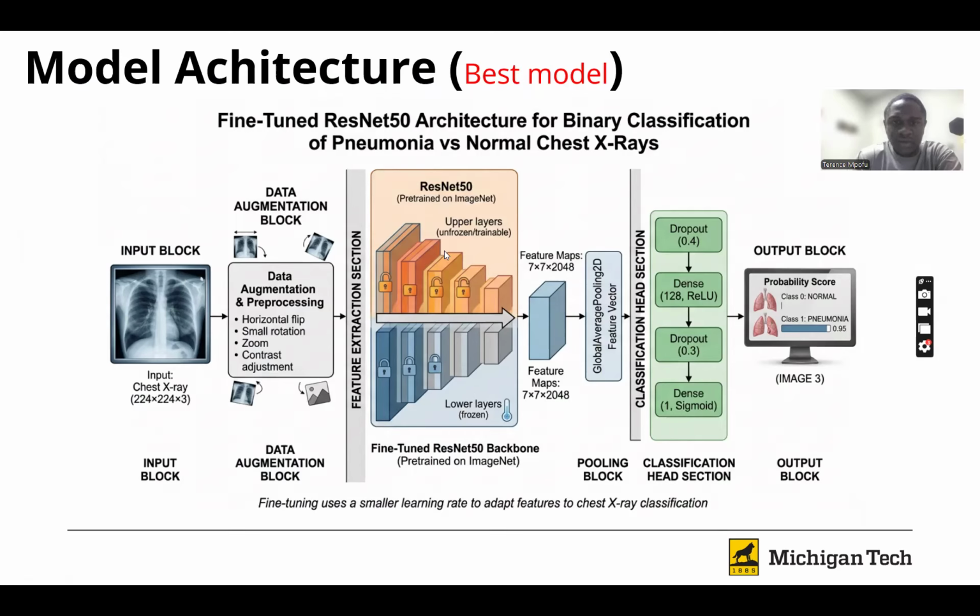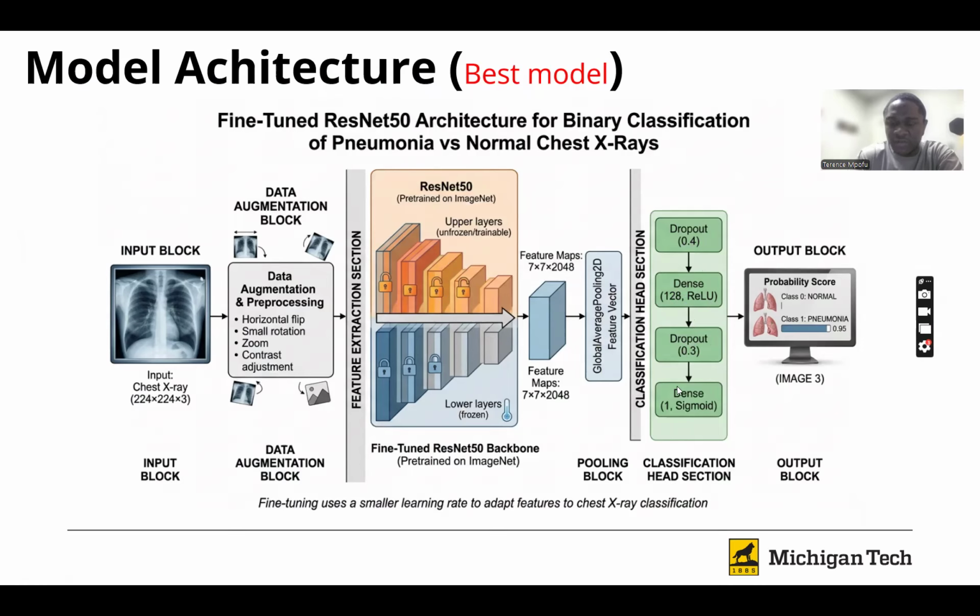Our upper layers are unfrozen and trainable, whereas our lower layers are frozen. After that, we did global average pooling instead of max pooling. Then we move on to the classification head, which has a dropout of 0.4, then a dense layer with 128 units and ReLU activation, then another dropout of 0.3.